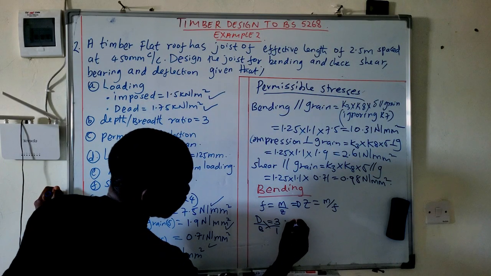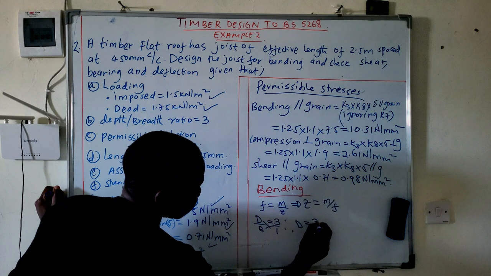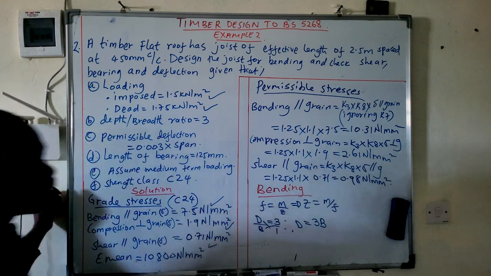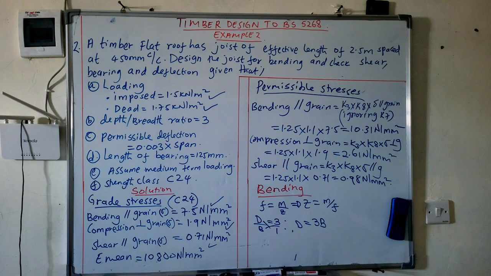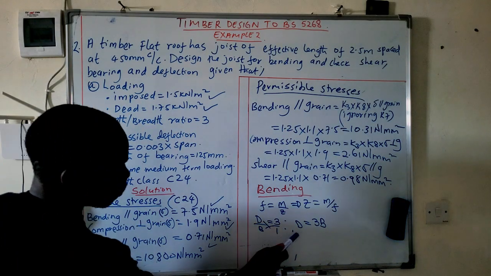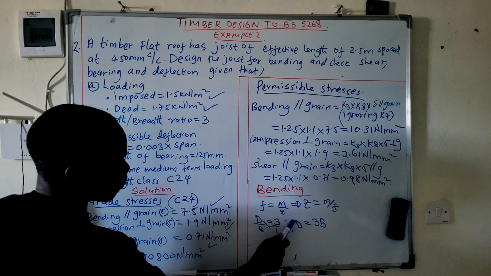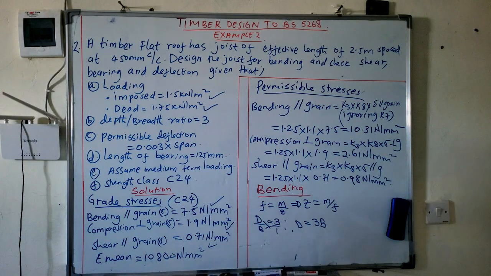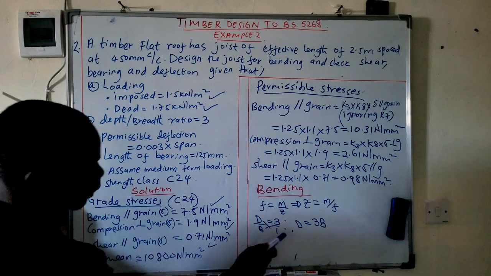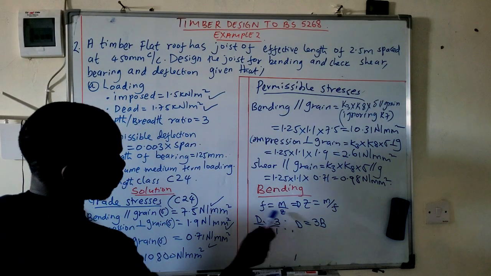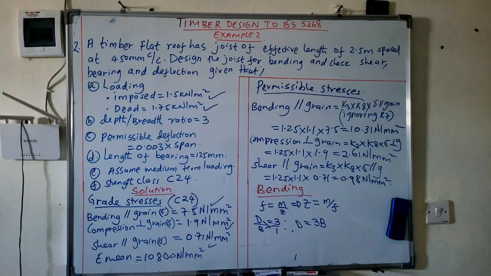Therefore, D equals 3B, because we are interested in D. D is the figure that will help us get the modification factor K7.